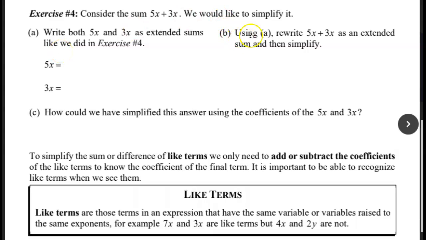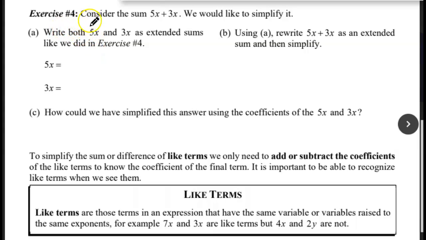And then A, use these answers to rewrite. Wait, consider the previous one. In exercise 4. I think it was exercise 3. That's what they're talking about, right? So let's try to do this. I'll do the letter A with you.